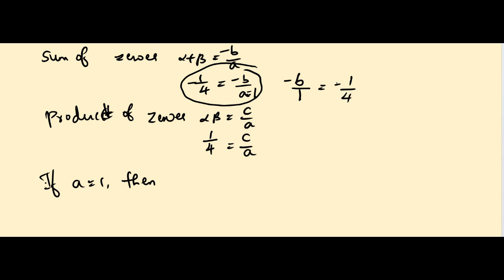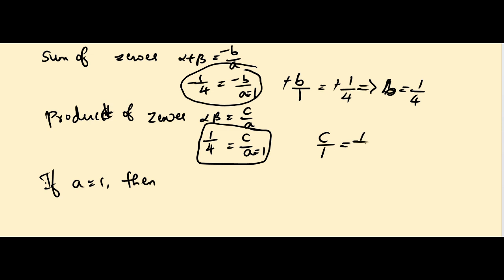On both sides minus is present, therefore it cancels, and which implies b is equal to 1 by 4. Again here, if we put a is equal to 1, then c by 1 is equal to 1 by 4, which implies c is equal to 1 by 4.